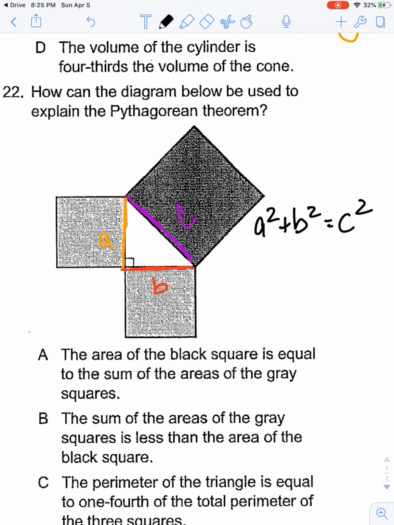Well, we can see from this that since this is a square, this is A and this is A, the area of this is A squared. And the same goes for these. So if this is C and this is C, the area here is C squared.